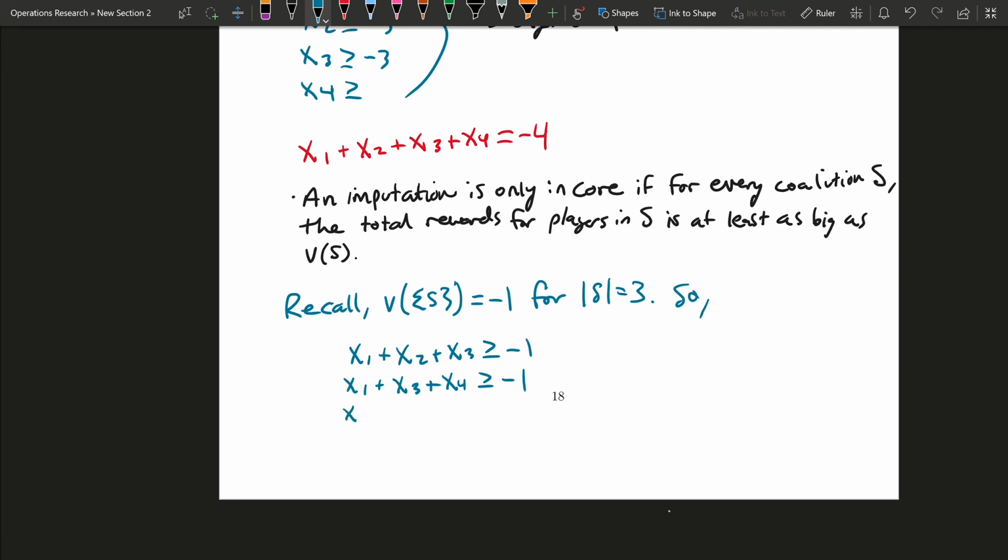Same with players x2 plus x3 plus x4, at worst negative 1, and then what am I missing here? Oh, just plus x1, x2, and x4, at worst negative 1 here.